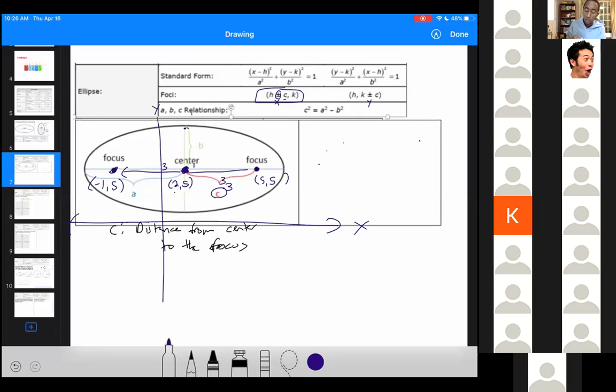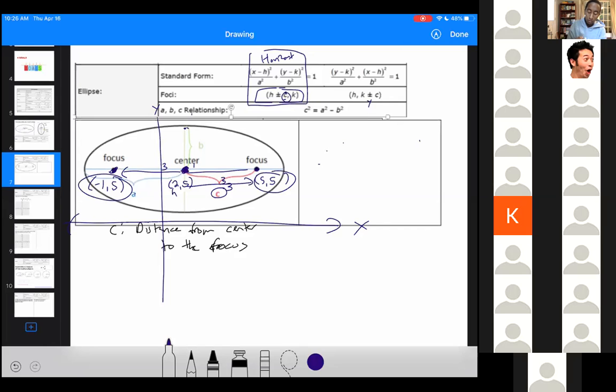So this is just showing you that if it is horizontal, because this whole column here is the horizontal, if you were finding the foci, you would just be adding to the H because it's going right or left. And so you would add whatever the C is, in this case 3, to get this point, which is the foci.